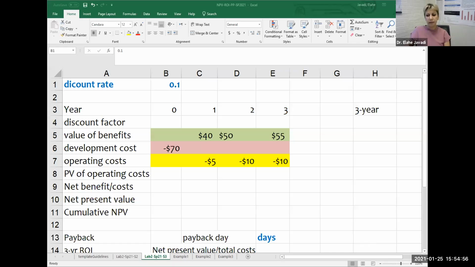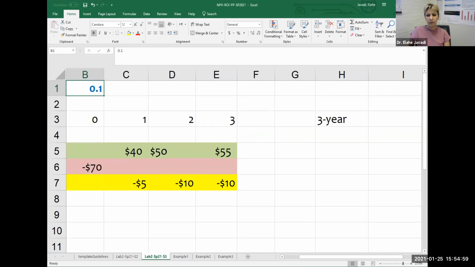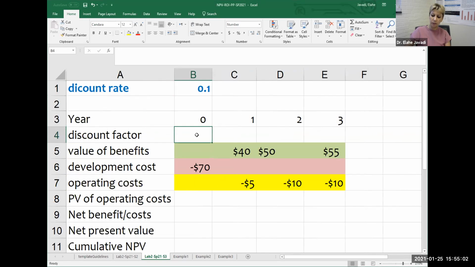Let's go back to the worksheet. This is your discount rate, and I'm going to calculate the factor, put equal sign, 1 over, parenthesis open, 1 plus, I'm going to select with my mouse this cell, B1, parenthesis closed, raised to the power of number of years.